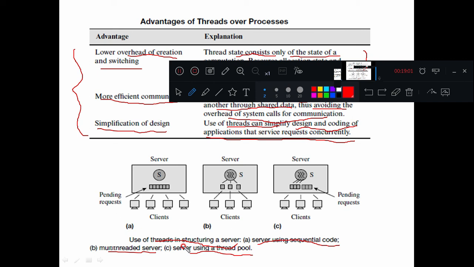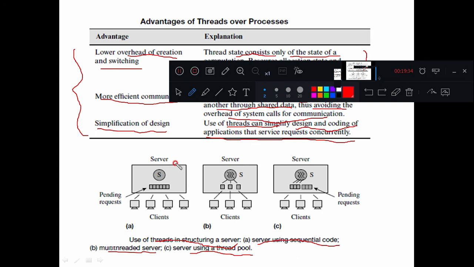In case of the third one, server using a thread pool, the server will create a block of requests, you can say, and it will create a block of threads, and each block is going to handle that particular block of requests, right? So even threads are used while writing code for servers, because a server itself can handle thousands of requests, right?